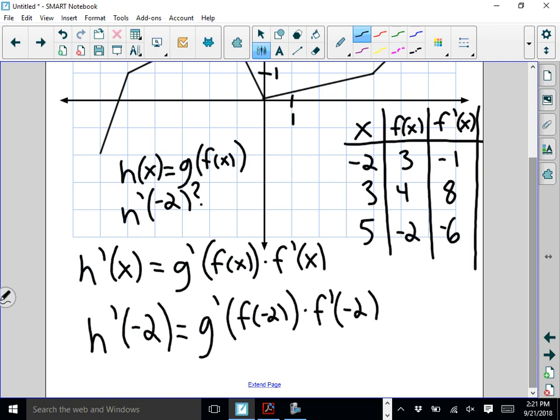Now I can start solving this thing on my way down here. So h prime of negative 2 is going to equal g prime of, I need to figure out what f of negative 2 is. Well, I go up here to my chart. When x is negative 2, f of negative 2 is 3.